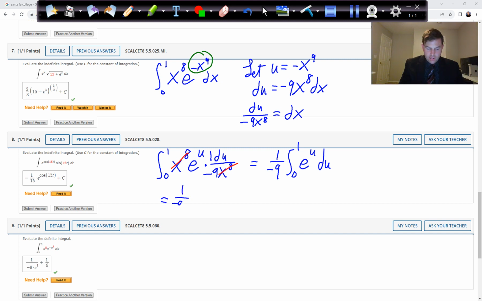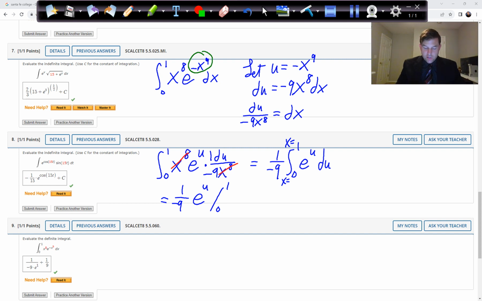This will be 1 over negative 9. Antiderivative e to the u is e to the u. Now there's no plus c here because I've got numbers there. And this is going to go from 0 to 1. Now you have to be really careful. This 0 and 1 is x equal to 0 and x equal to 1. But I don't have x, I have u.